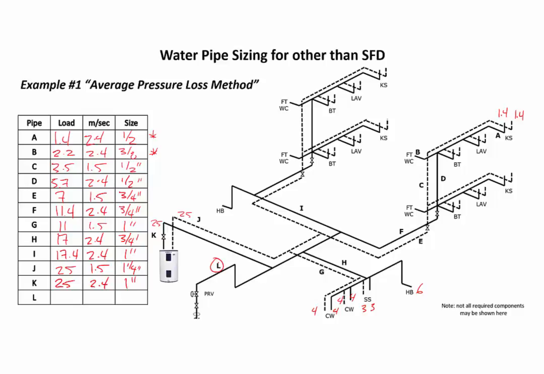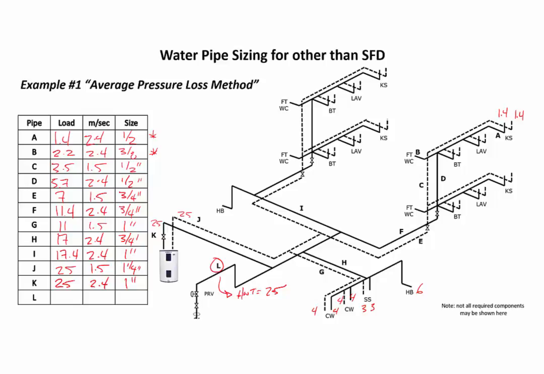Okay, and then we get to L. Remember, the load immediately upstream of a hot water tank is the load of the tank. So here's our total for L. Hot water tank is 25. Plus we need to add in the load of any fixtures that didn't already show up in the hot water tank once. So cold only fixtures, hose bibs, flush tank water closets, that type of thing.